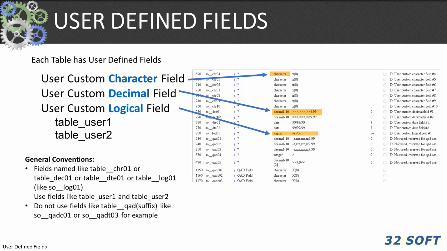This is a very effective way to handle many schema-related functions. Tables contain user custom character fields, user custom decimal fields, and user custom logical fields. You can also define other user fields if required through configured screens.